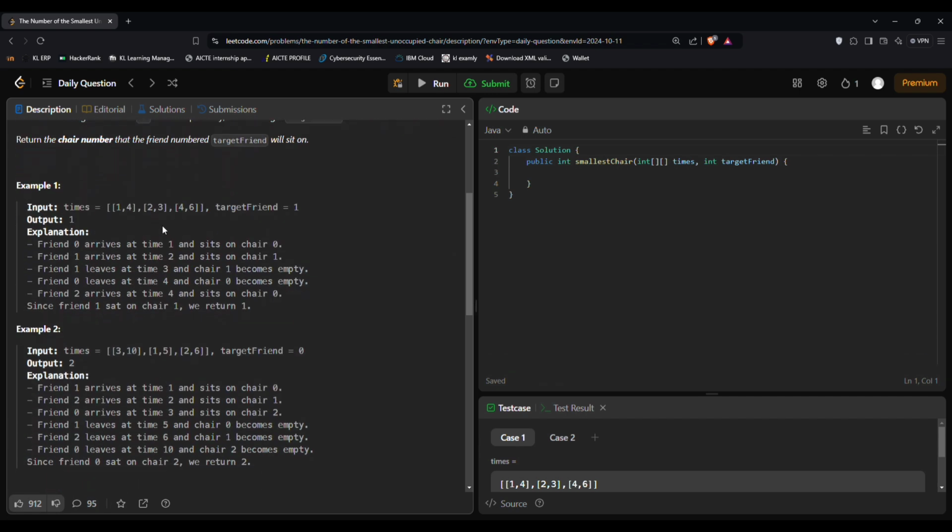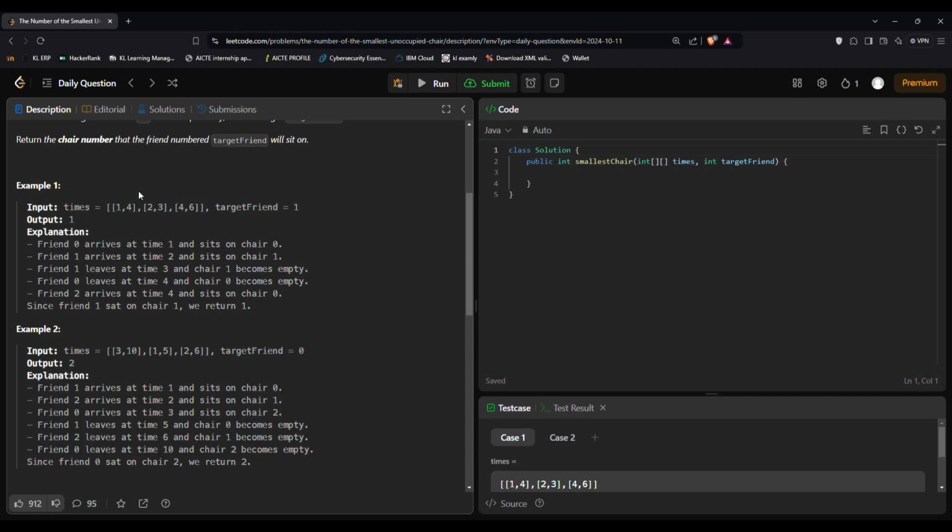Okay, let us intuit the first test case. The first test case times are like this. For friend 0, the arrival time is 1 and the leaving time is 4. For friend 1, the arrival time is 2 and the leaving time is 3. For friend 2, the arrival time is 4 and the leaving time is 6. Friend 0 arrives. He will directly sit on chair 0 as all chairs are unoccupied.